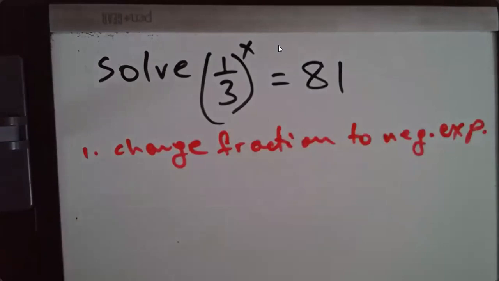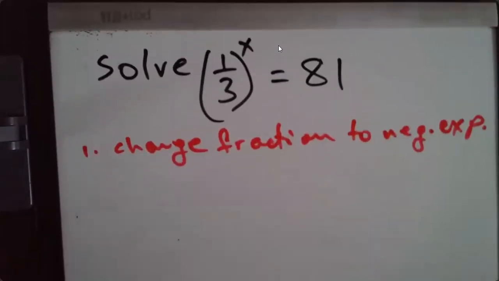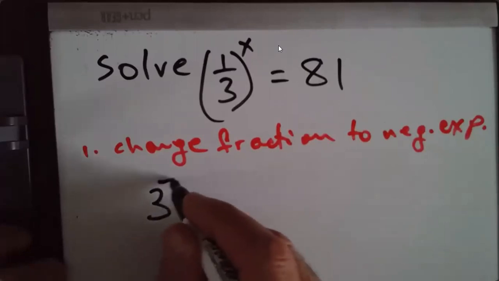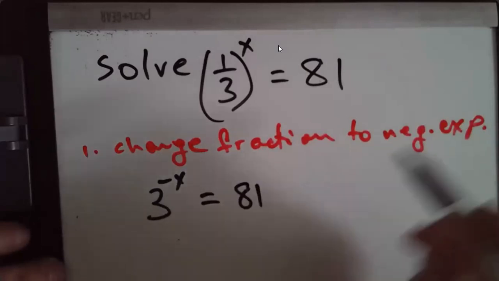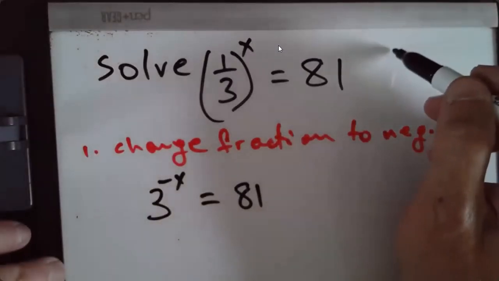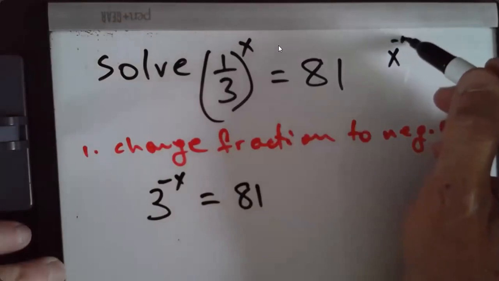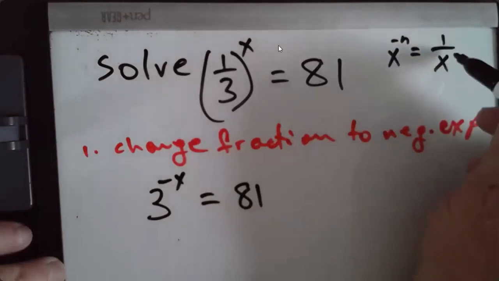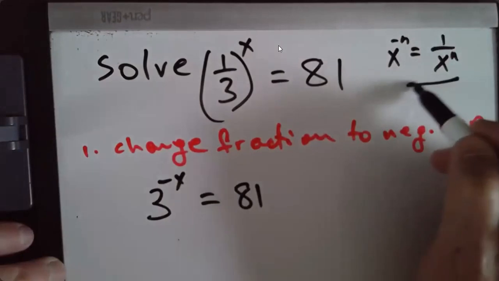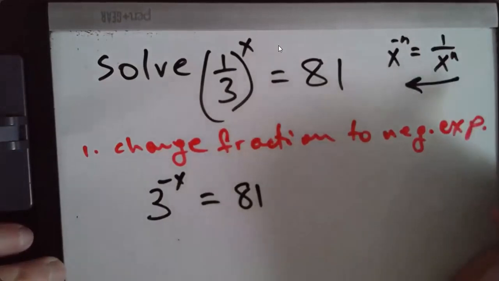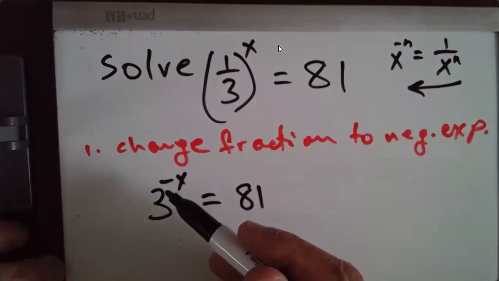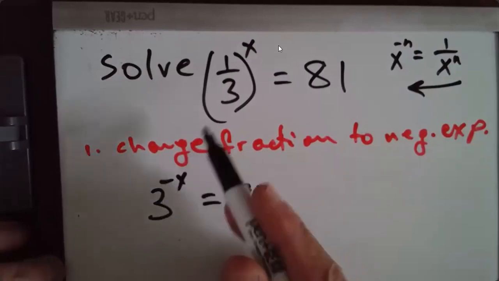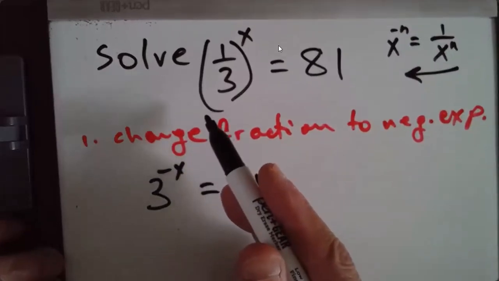So this 1/3 becomes 3 to the negative x power equals 81, because we said before that x to the negative n is 1 over x to the n. So we're going back the other way, and that's what we did here. Next, change any radicals to rational exponents. We don't have any radicals, so we're okay there.